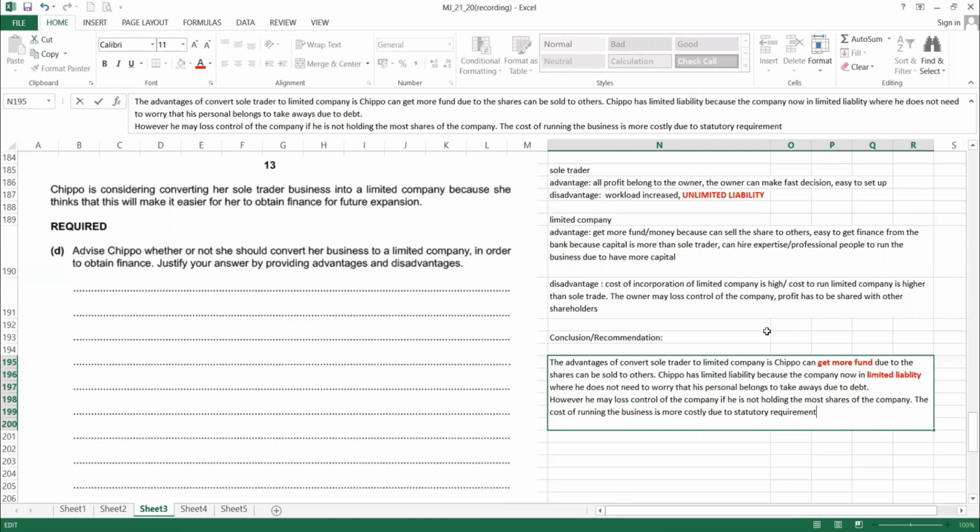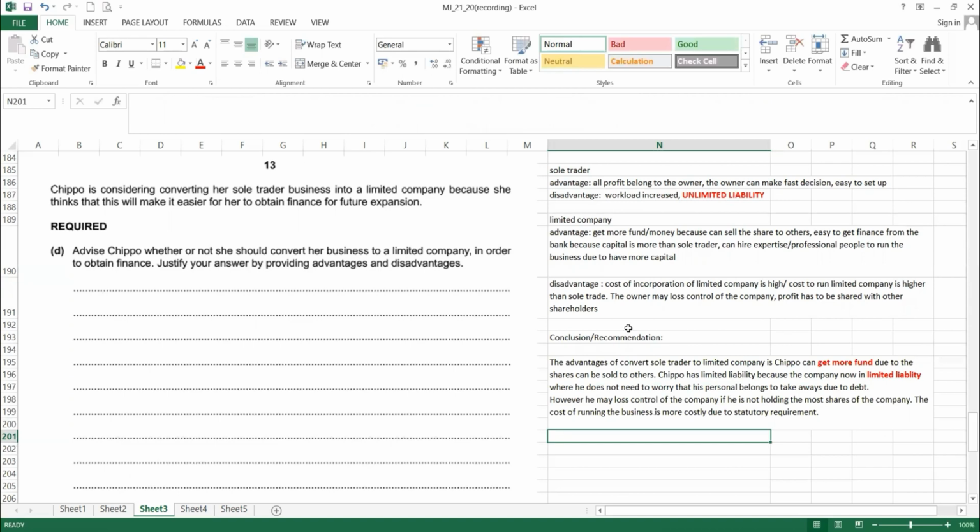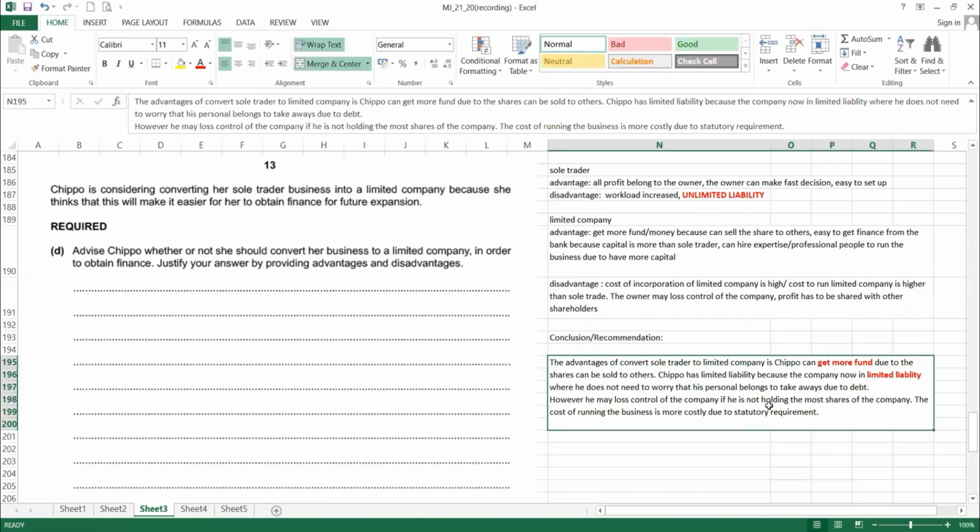That means you have to pay the auditor, you have to pay the tax agent, and you have to get a professional accountant to do the accounts. That is all the cost due to statutory requirements. So 2 marks basically should be enough to cover it.